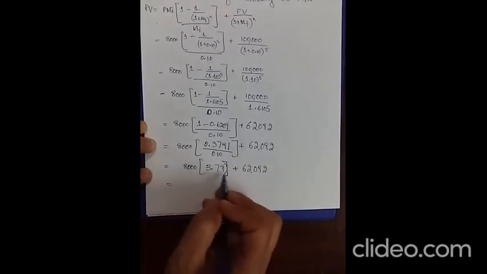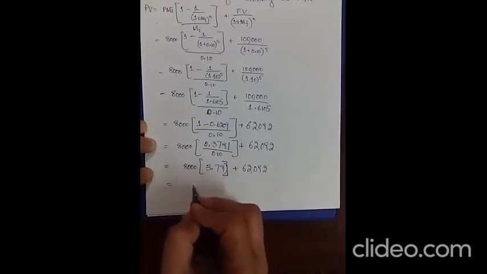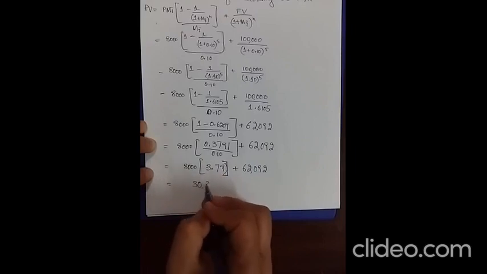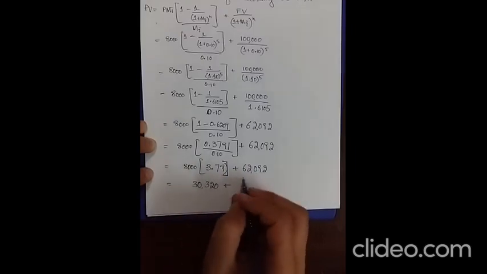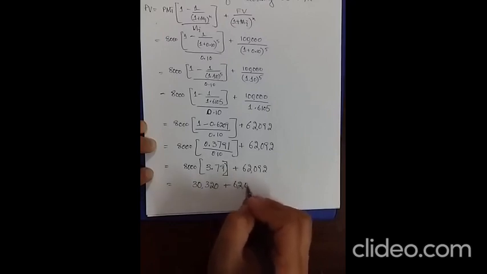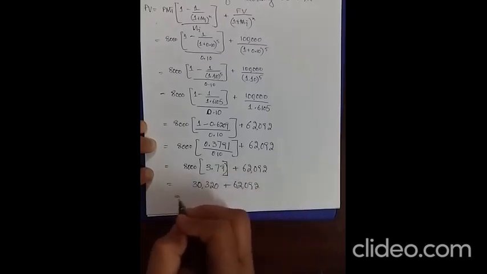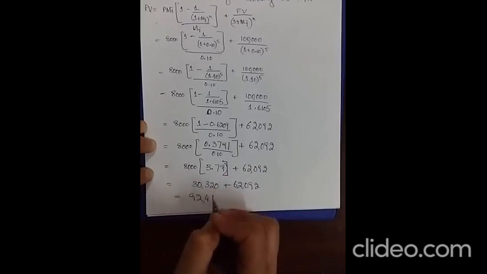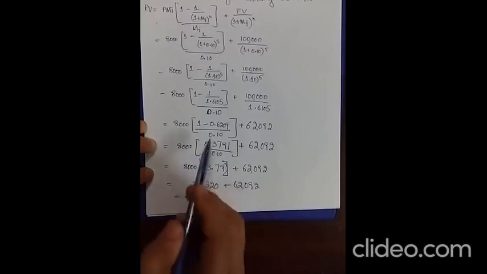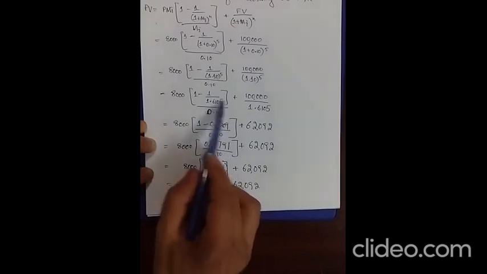So 8,000 multiplied by 3.79 gives us 30,320, plus 62,092. Combined, it becomes $92,412.